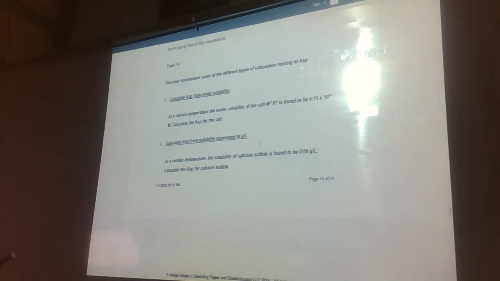Number 1. At a certain temperature, the molar solubility of the salt M2 plus X2 minus is found to be 4.156 times 10 to the negative 6 molar. Calculate the Ksp for the salt.